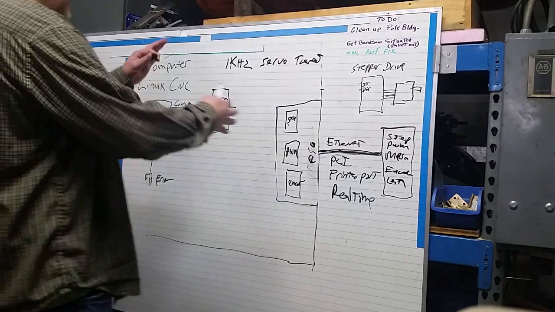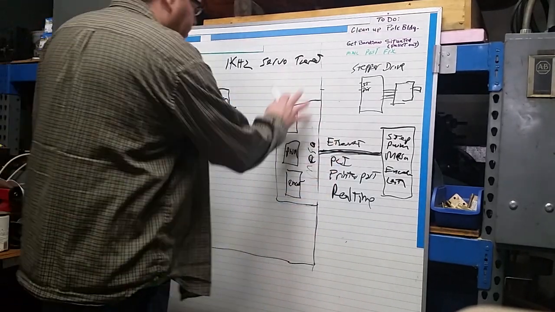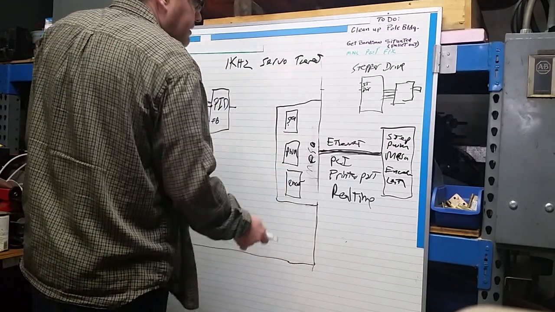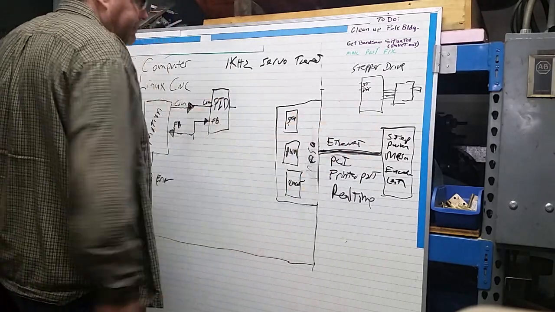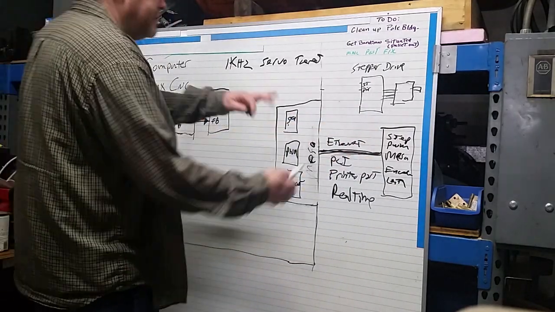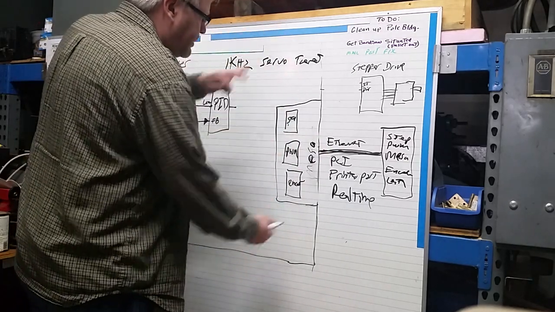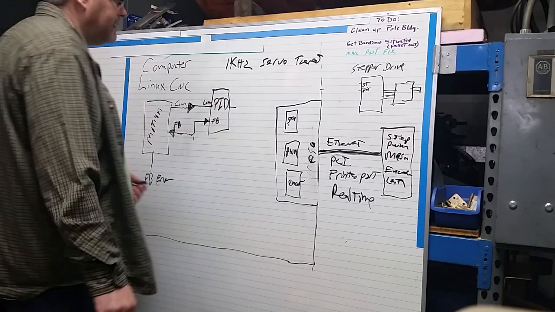There's resolver readers and all kinds of stuff that you can enable within the Mesa software layer. That really depends on what kind of actual physical hardware you have. Mesa has all kinds of daughter boards that you plug in, and then magically pins appear in the software part of it that you can then connect.